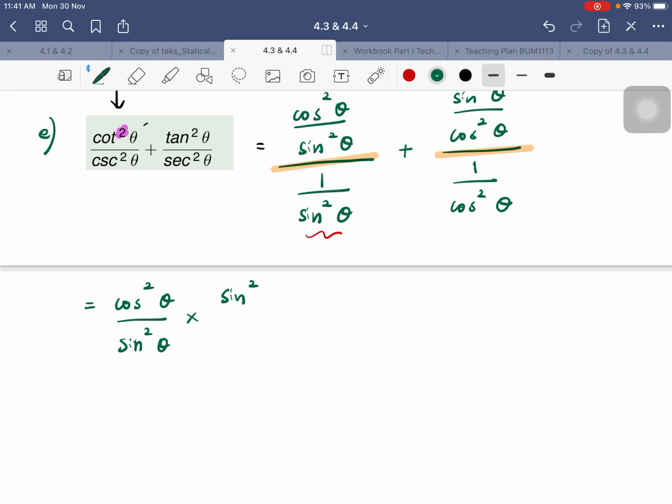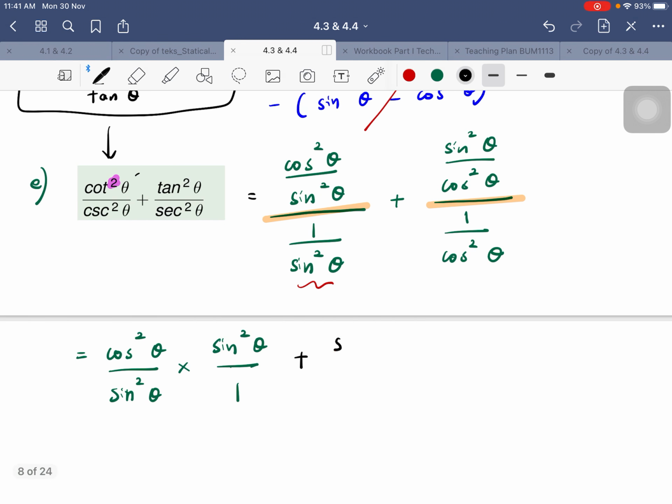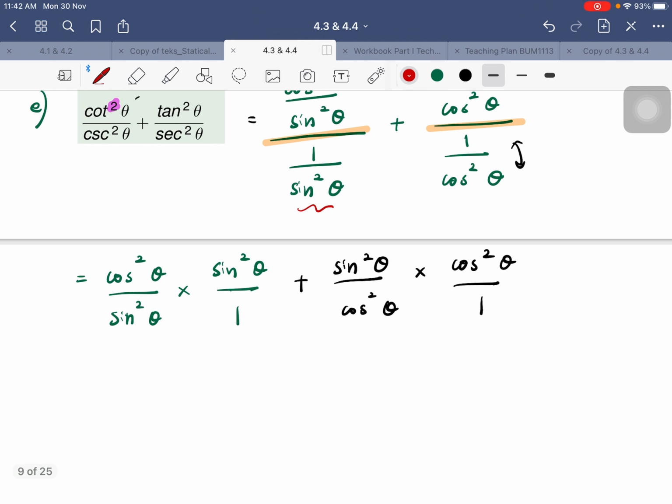So it becomes sine square theta over 1. That is for the first fraction. For the second fraction, I'm also going to do the same thing. This is sine square theta over cos square theta, and division becomes multiplication, so this is flipped around. I'm going to have cos square theta over 1, and I'm going to start simplifying them.